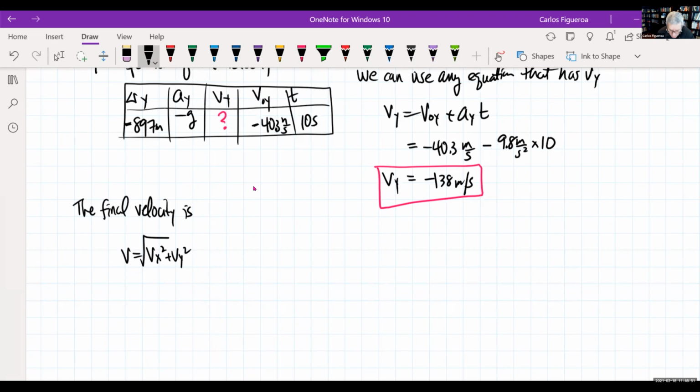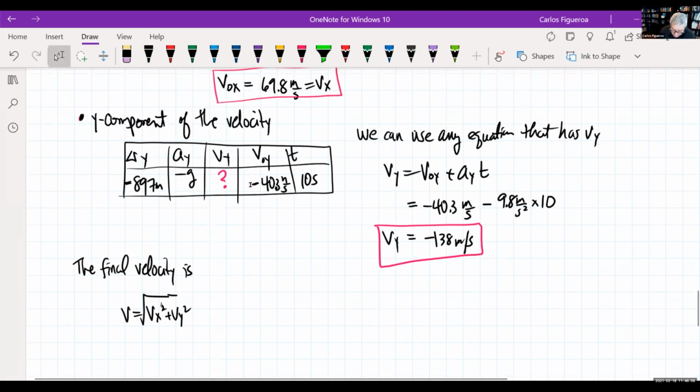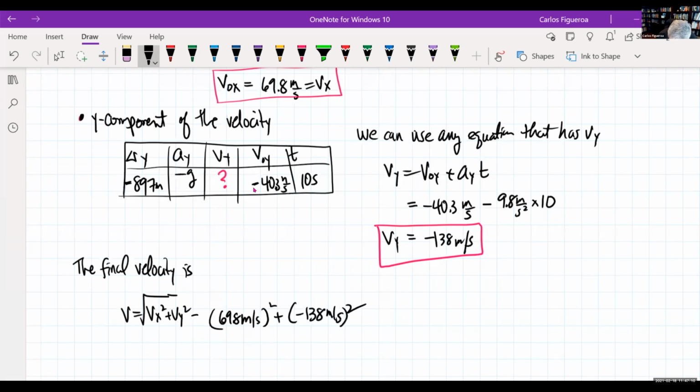Since we have our numbers, I'm just going to plug those in. Note that Vx is 69.8, and Vy is negative 138. If you compute that, I end up getting 155 meters per second for the speed.